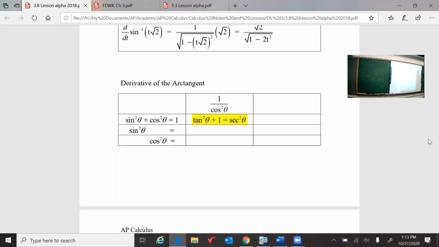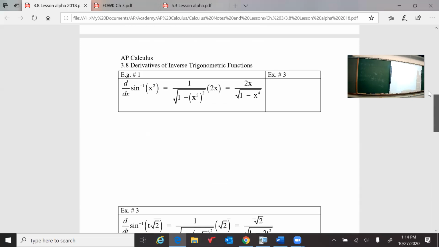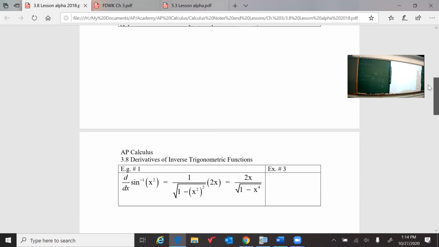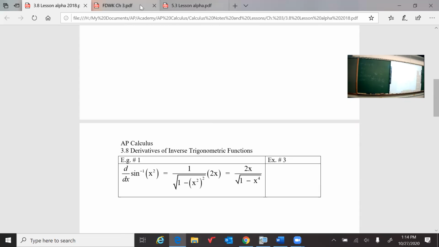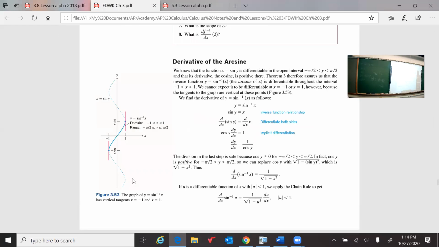So back here to the derivative of the inverse sine. Cosine squared y plus sine squared y equals 1. So cosine squared y equals 1 subtract sine squared y.